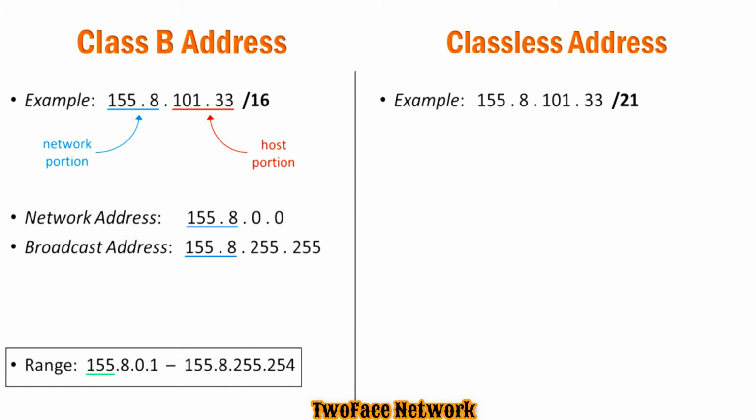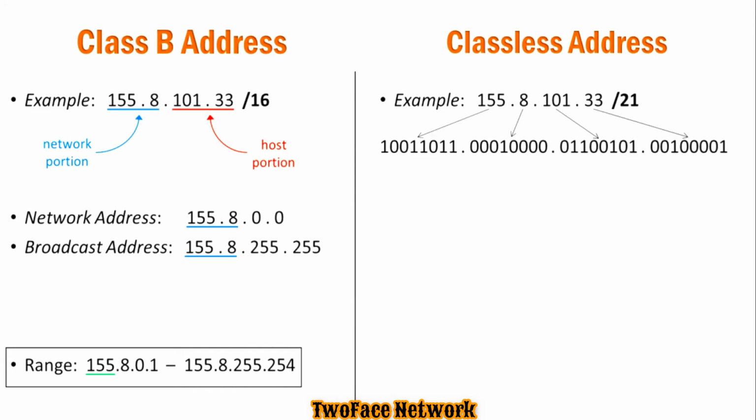For this example, we're going to need to write this IP address in the binary format. Now it's a bit easier to distinguish the network portion from the host portion. We're going to look at the first 21 bits. This is 8 bits plus 8 bits, that's 16.